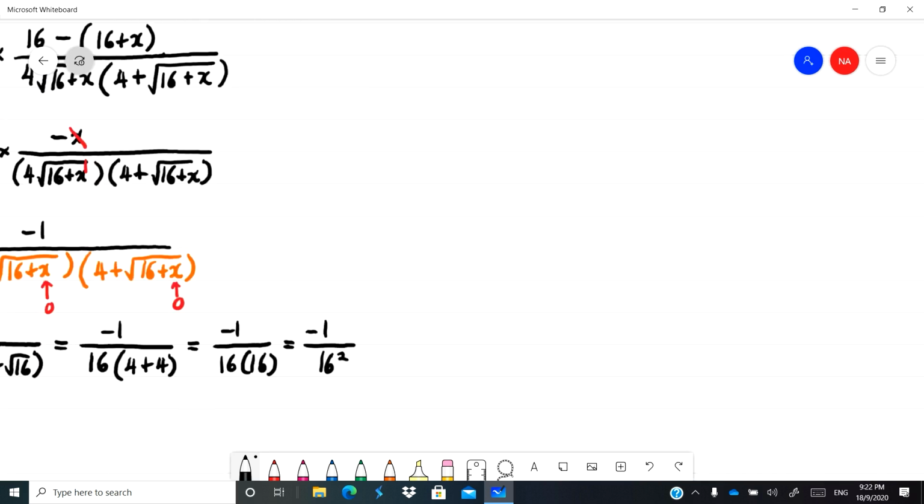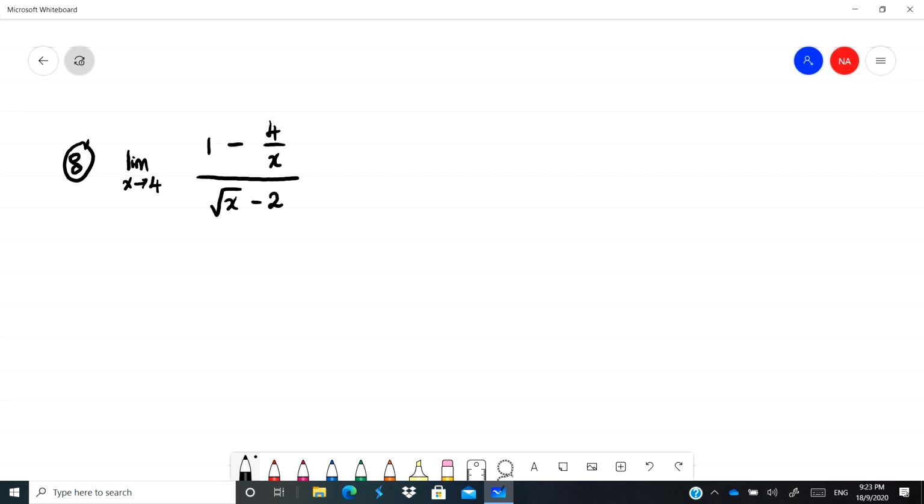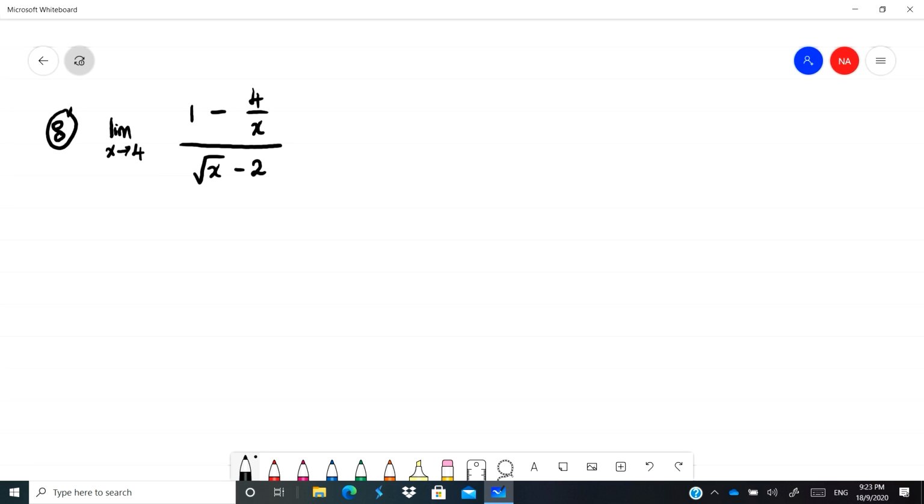All right, so the last one, where if you try to substitute the value of x with 4, you'll have the 0 over 0 case. So you have to do a modification a little bit. This is kind of 3-layer. So what I'm going to do is the cross multiplication.